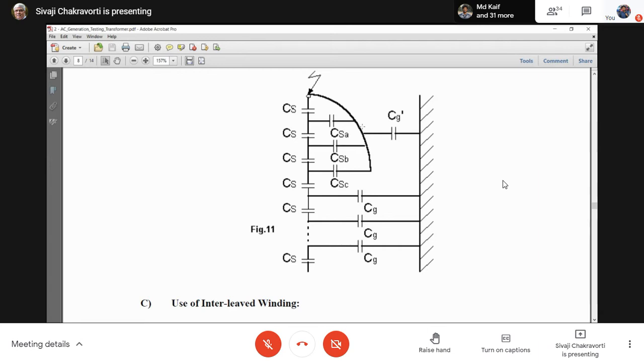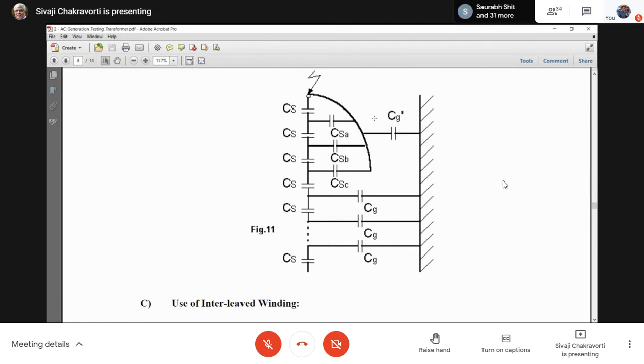So two things happen. One, whatever current was bypassed through this terminal to the section terminals is now coming from the high voltage terminal. It is not coming through this CS. That is, the current through this CS is becoming more linear. Secondly, this CS is increasing because these are in parallel. So naturally that CG by CS, which I was trying to tell you about, decreases.